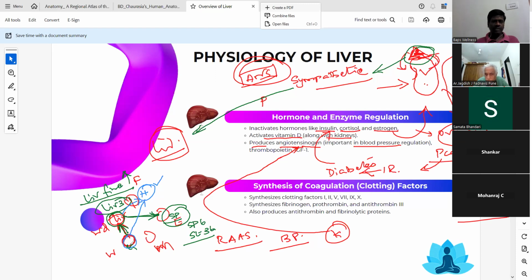So what it does, again, this is a fire, this is a water. So the water dries up. What happens? Again, yin deficiency will come here. Chi deficiency also will come as per the TCM. As per the modern medicine, what will happen? Because of this drying up, they will have renal stones.